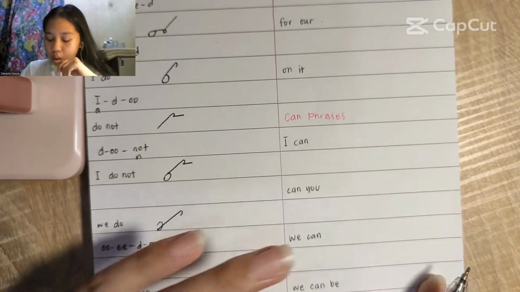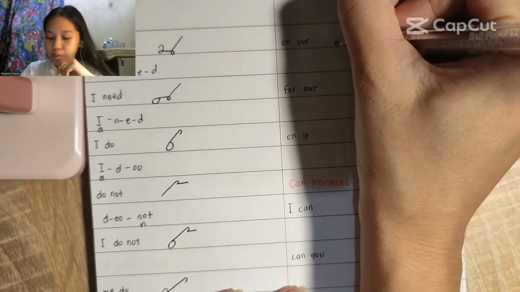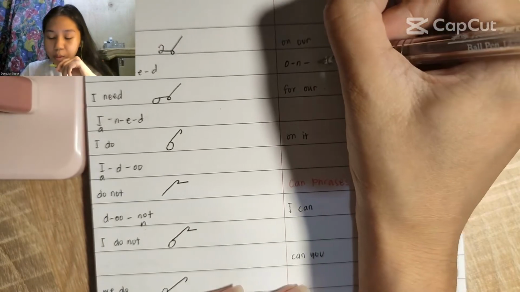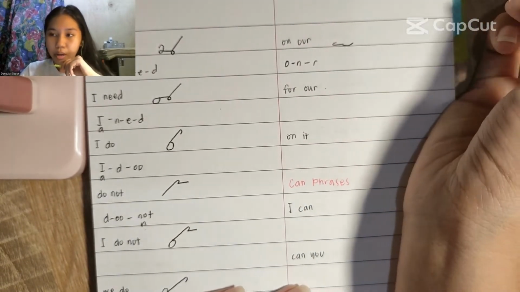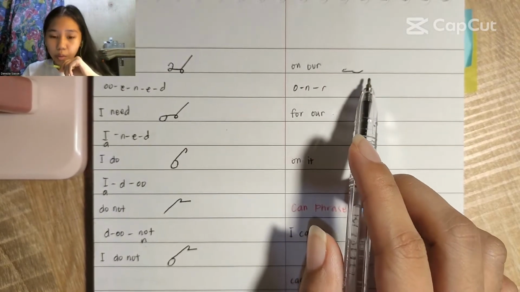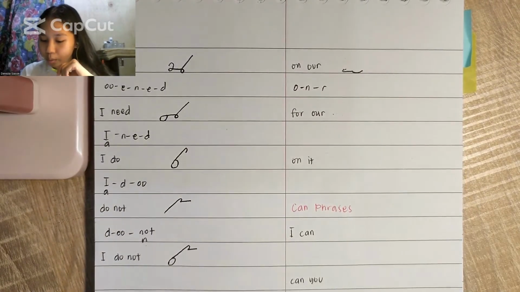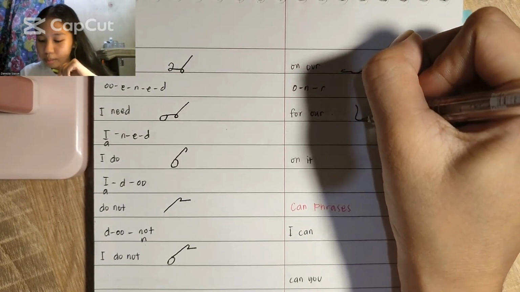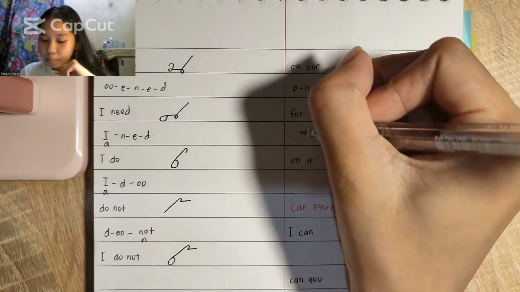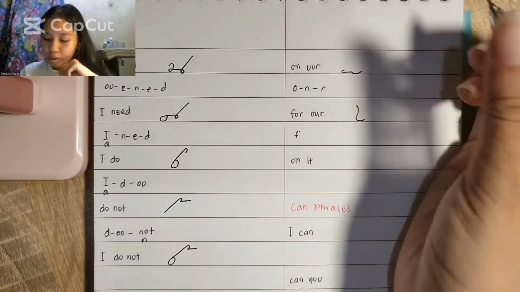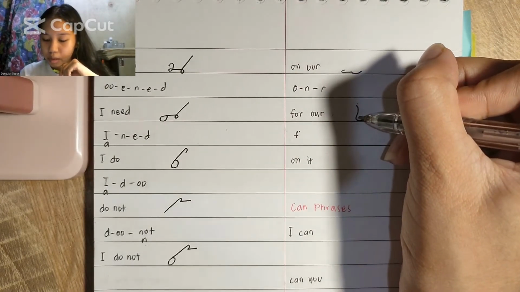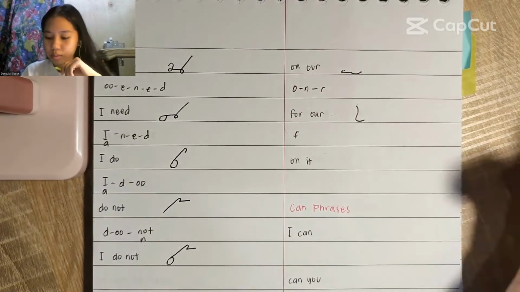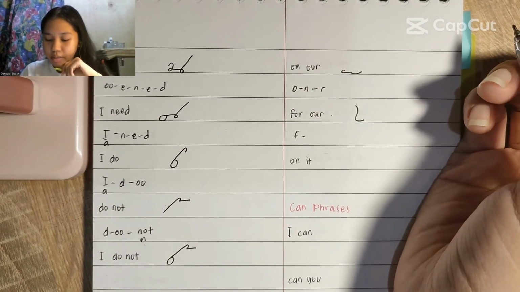On our, ON, our. So for the word on, we have the symbol of O and N. And then for the brief form our, it is represented by the short forward undercurve R. For our, for, and then our. So for is a brief form. It is represented by the F symbol, which is a downward right curve that occupies 3/4 of the line of writing.